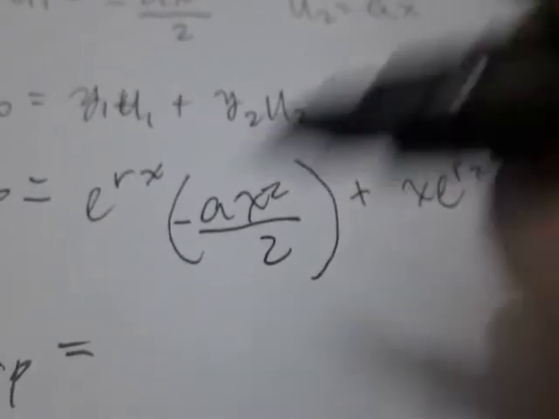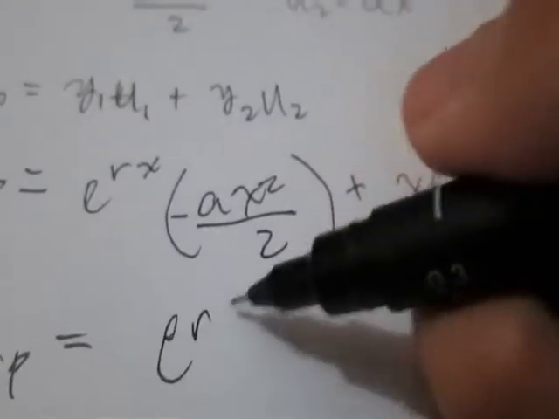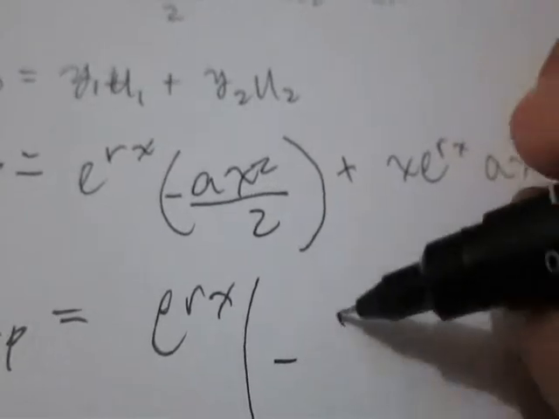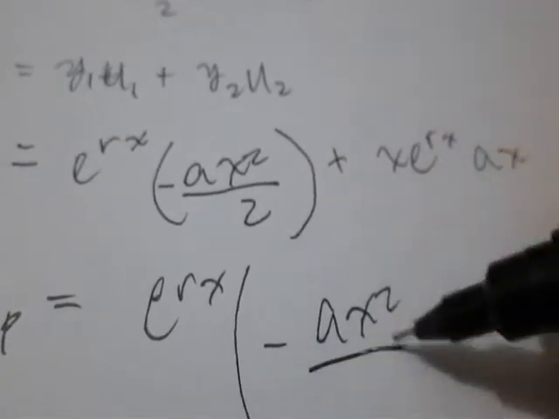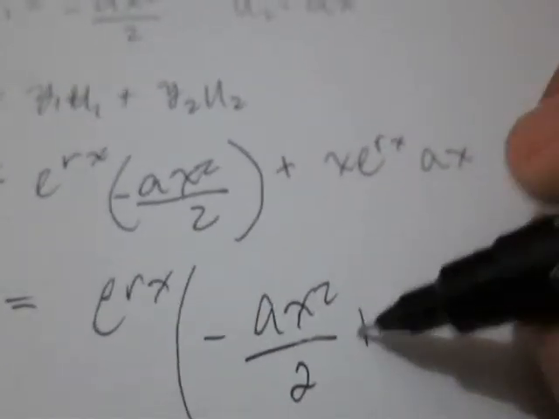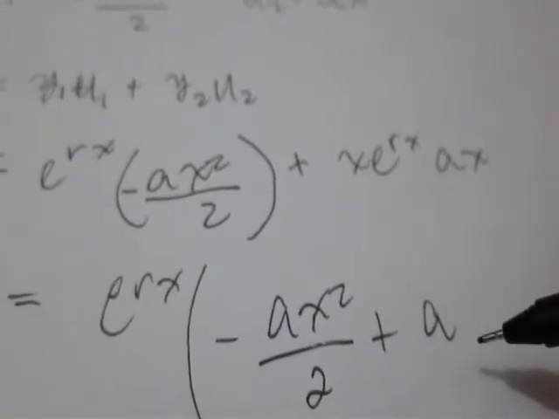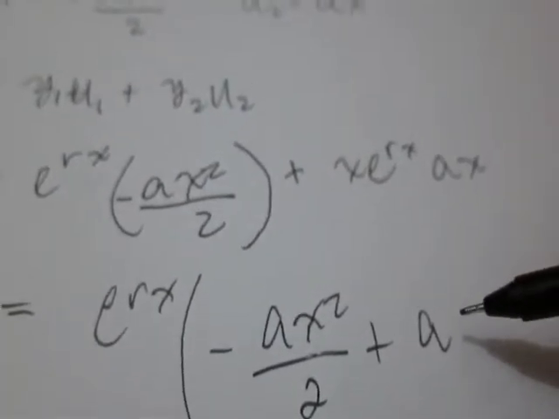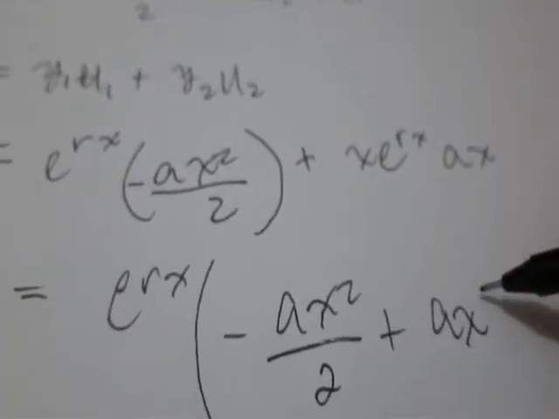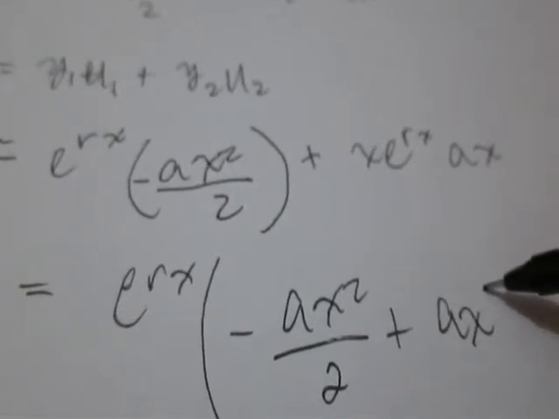We can factor out e to the power of rx, and we get negative ax squared over 2 plus ax squared.